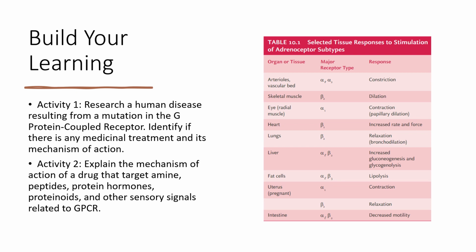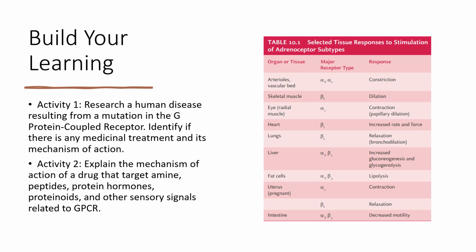Activity 2 is to explain the mechanism of action of a drug that targets amines, peptides, protein hormones, proteinoids, and other sensory signals related to GPCRs, and list its mechanism of action.